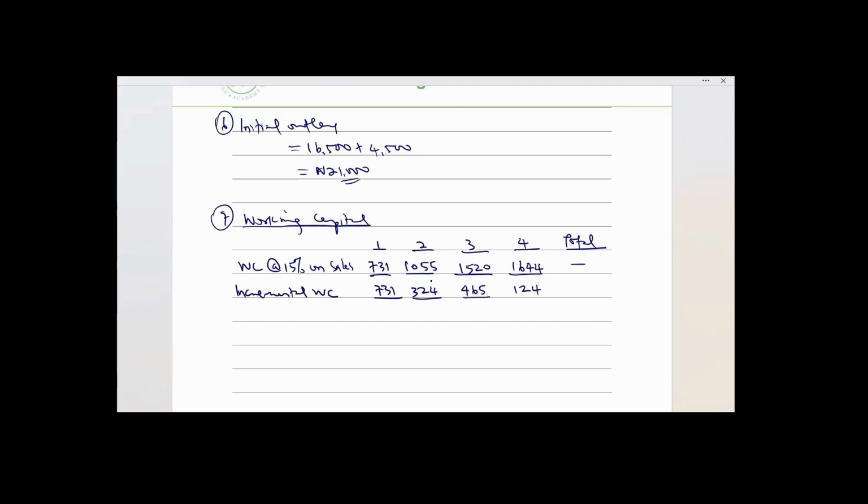When you add up everything, you should have 1644.